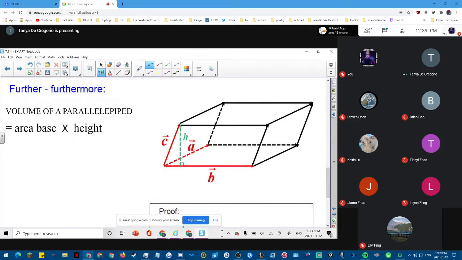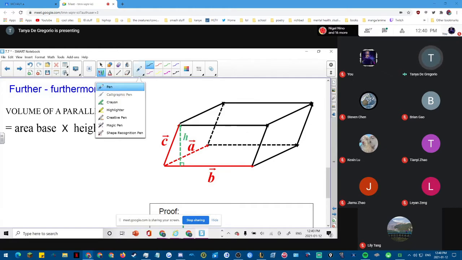Okay. Furthermore, here we have the volume of a 3D parallelogram. We're calling this a parallelepiped. Parallelepiped, 3D parallelogram. And the volume, just like with any other 3D figure, is the area of the base times the height.